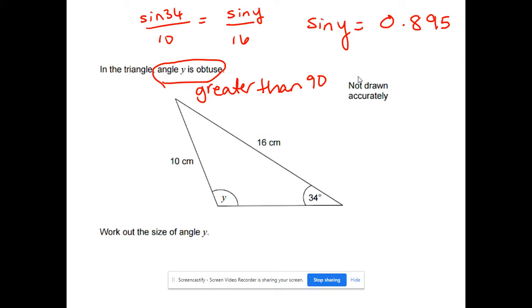And as you just saw, there's multiple options, but our calculator is only going to give us one of them. So we do sine minus 1 of 0.895. I'm just going to store it on my calculator. And we get y equals 63.5.